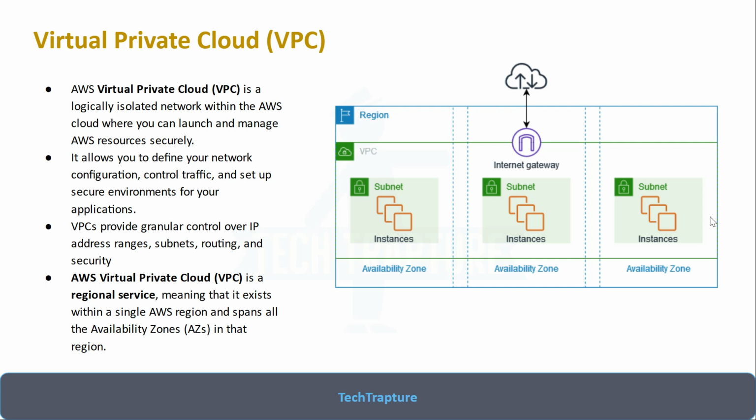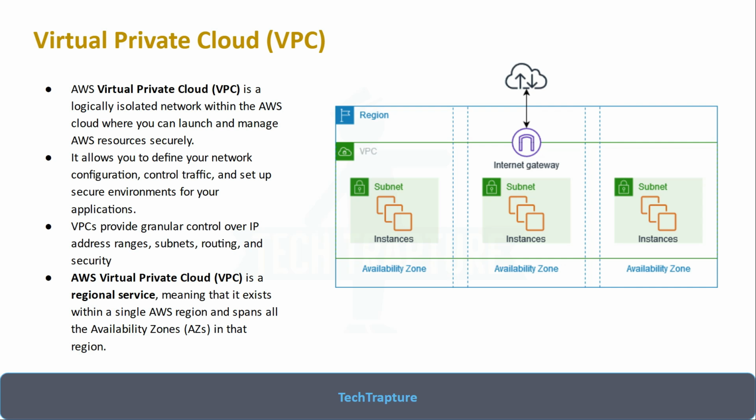Here I can show you a simple diagram. Within one region, let's say US East 1, you will have your VPC, and in US East 1 there are 3 AZs: US East 1A, US East 1B, and US East 1C. You can create a subnet within each AZ, and these subnets will be part of your VPC.